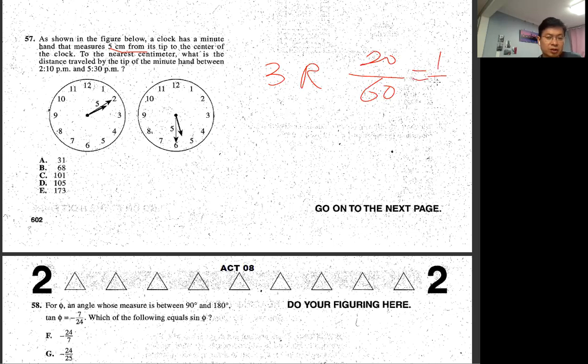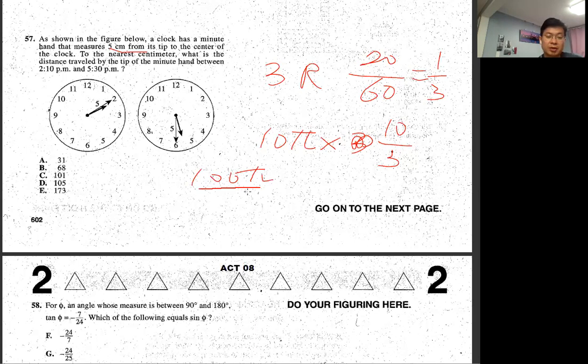So 1/3. So 3 and 1/3 revolutions. So one complete cycle, one revolution is 2 pi r, which is 10 pi times 3 and 1/3, which is 10 over 3. So which is 100 pi divided by 3.